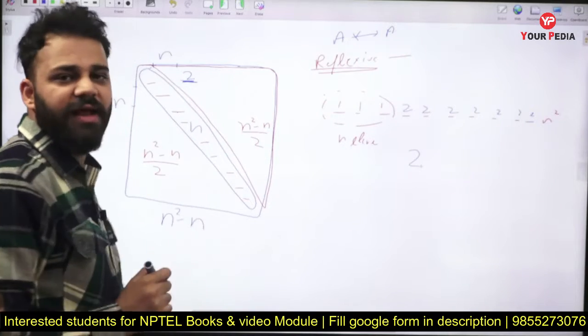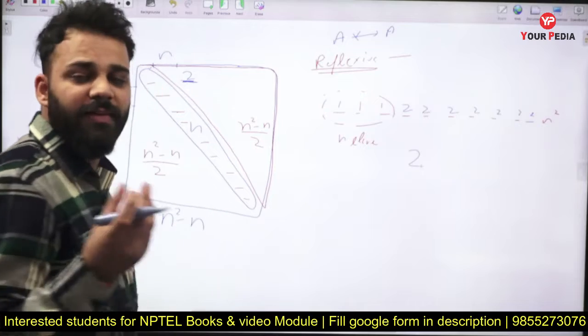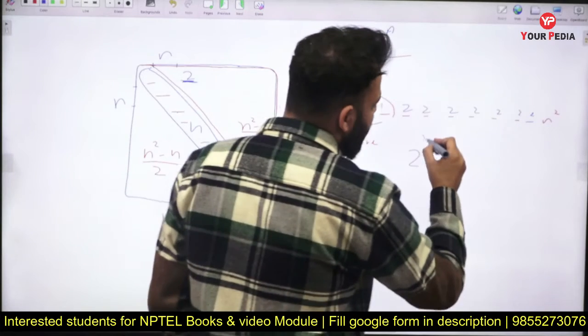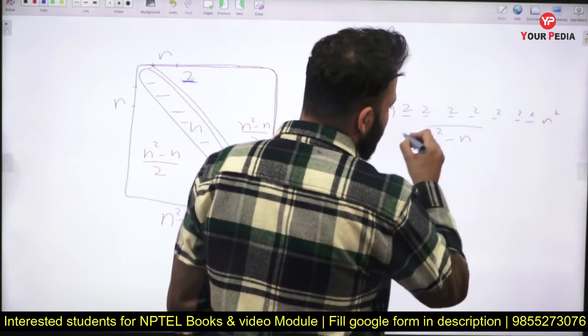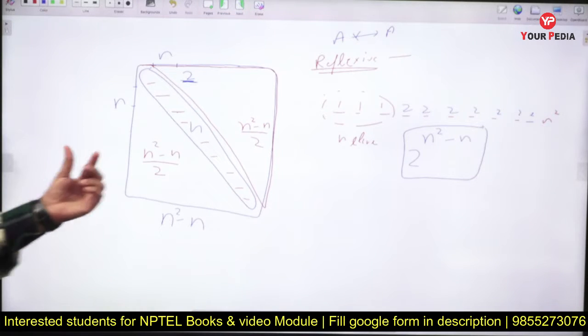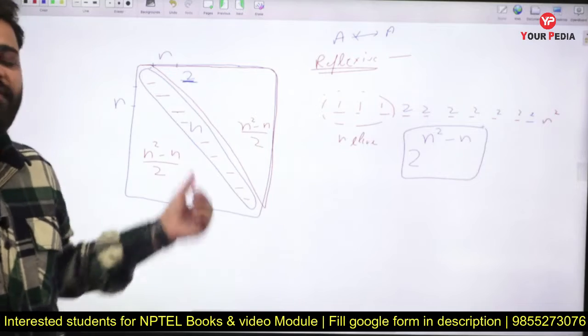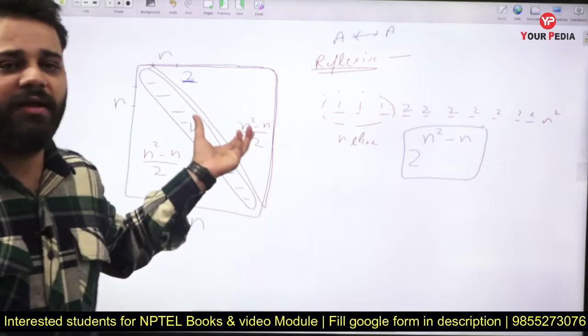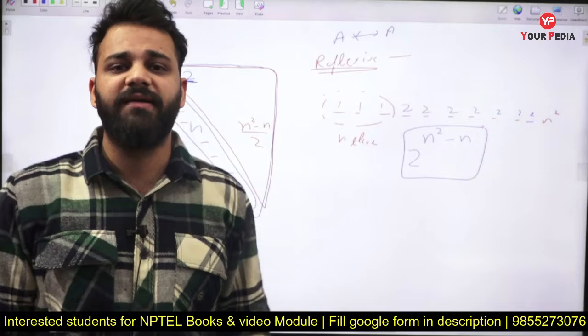So n square minus n elements are left, and each element will have two options. So the total number of reflexive relations is 2 raised to the power n square minus n. This is the number of different reflexive relations present in a set of n elements.